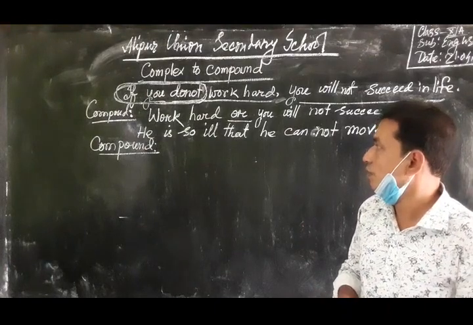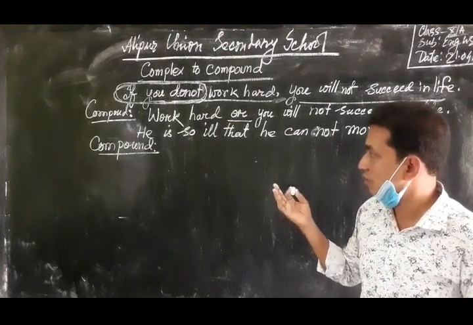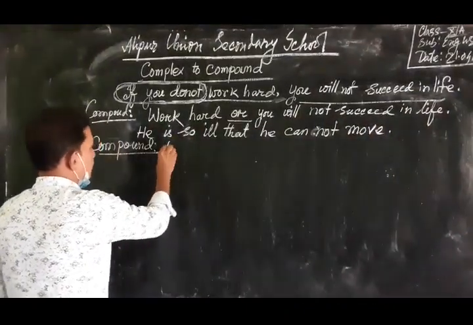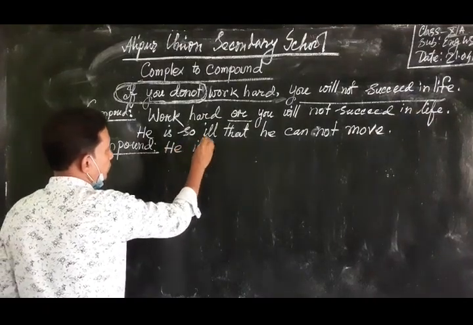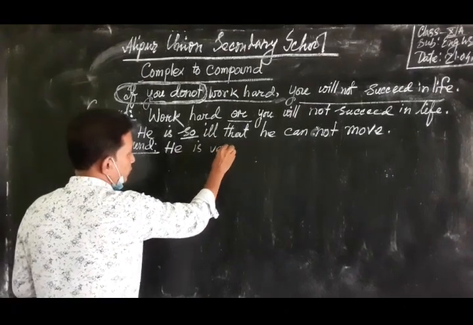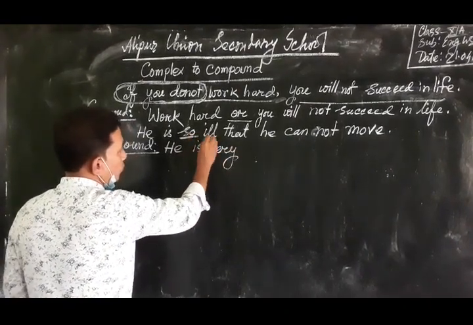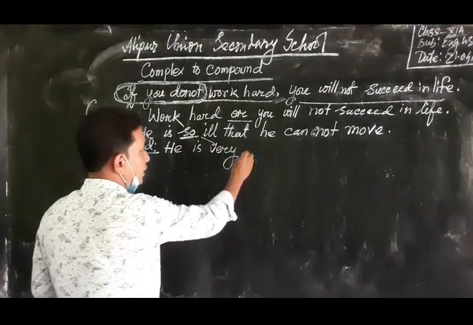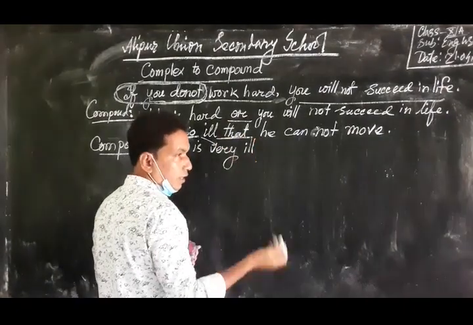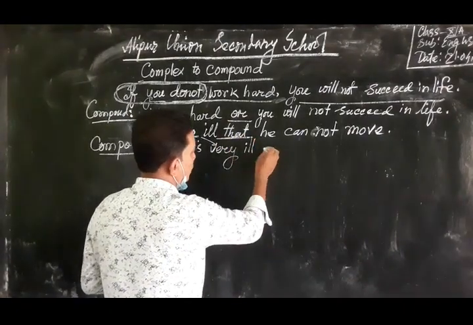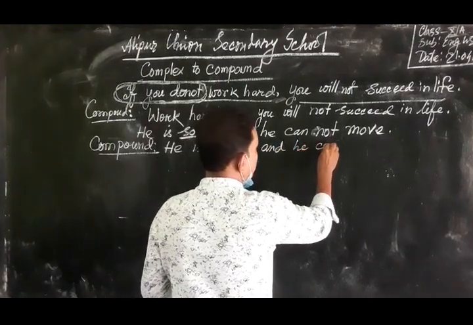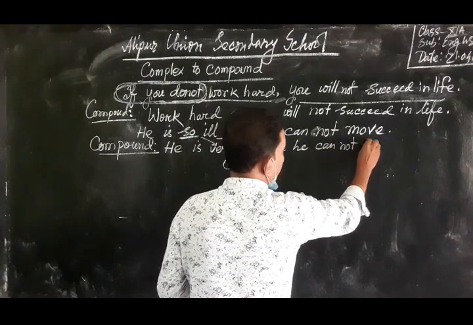And in this sense, we may change the sentence into compound in such a way that we must write he is very instead of so. Instead of so, we may write very ill, and we must discard that, and in lieu of that, we must use here and, and he cannot move.